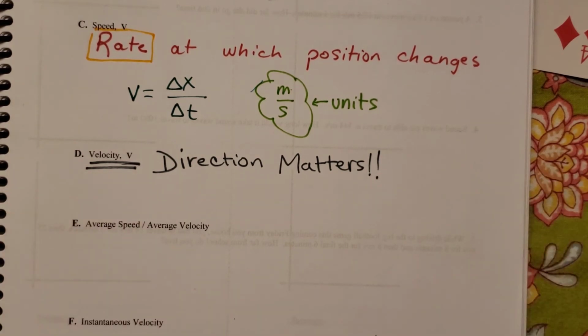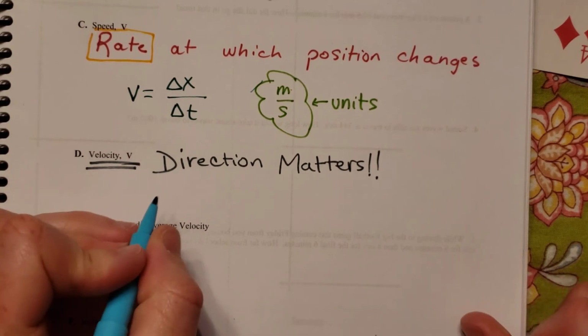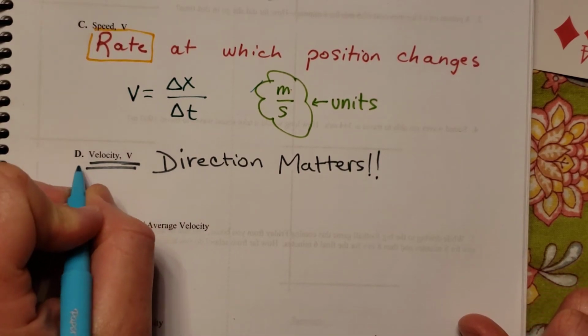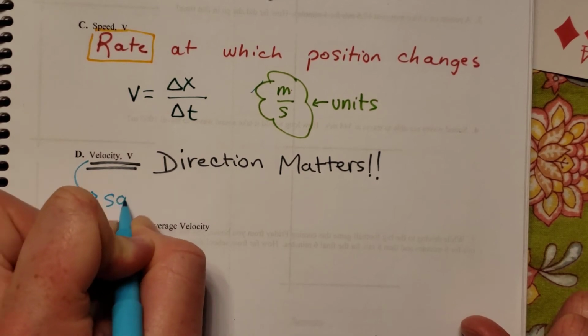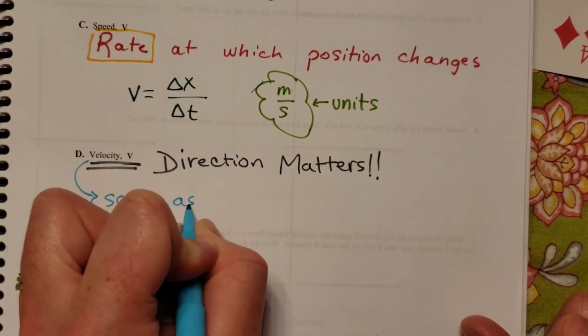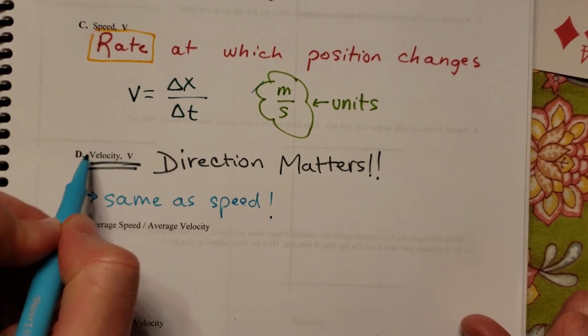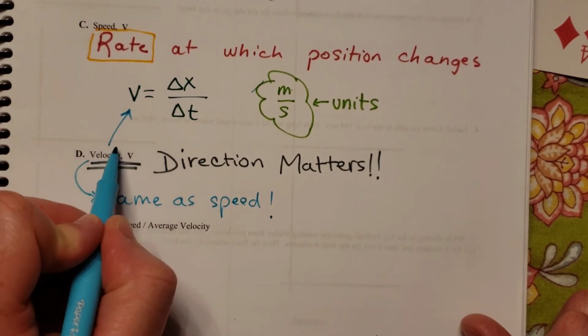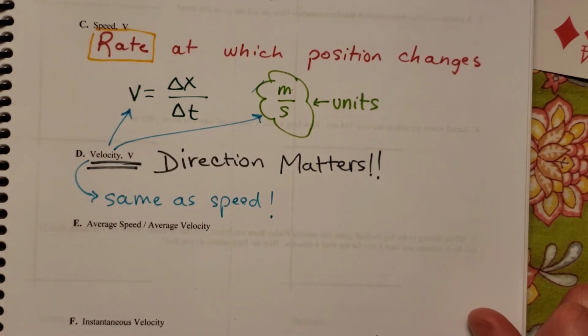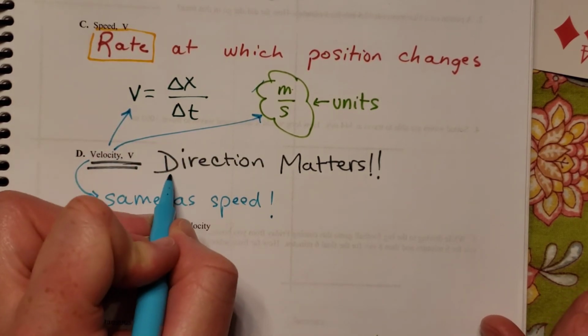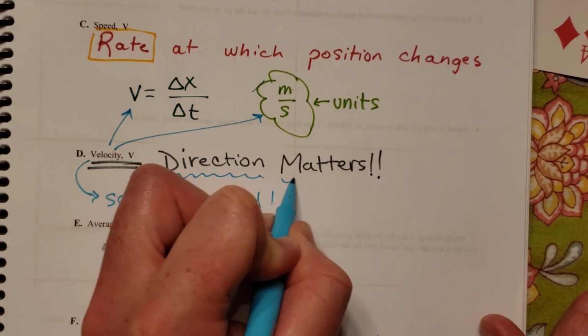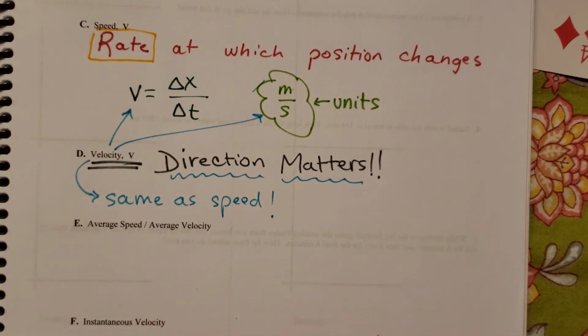So I'm going to write down same as speed, same units, same equation. So this equation is the same. The units are the same. The only thing that's going to be different, and it's going to expose itself a little bit later in the unit, is the direction. Because I can say, hey, the speed limit on the belt line is 55 miles per hour.